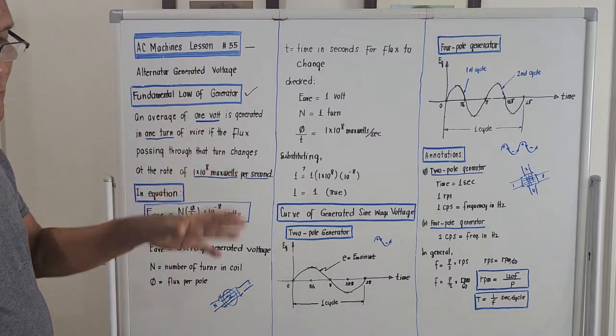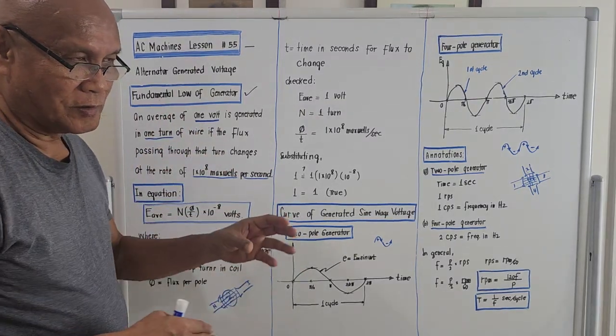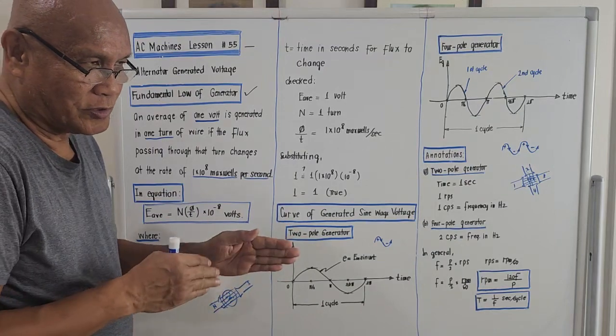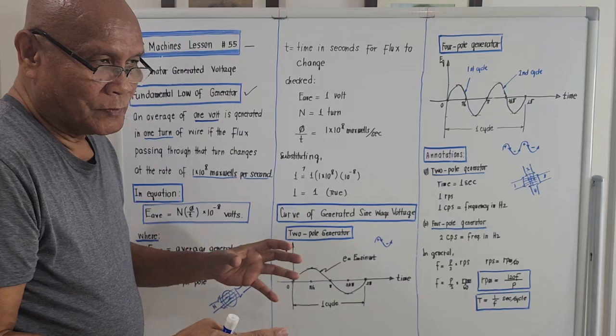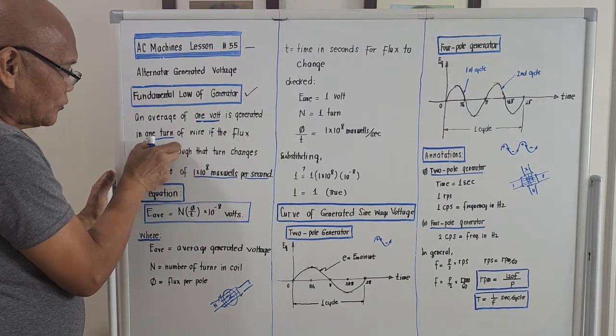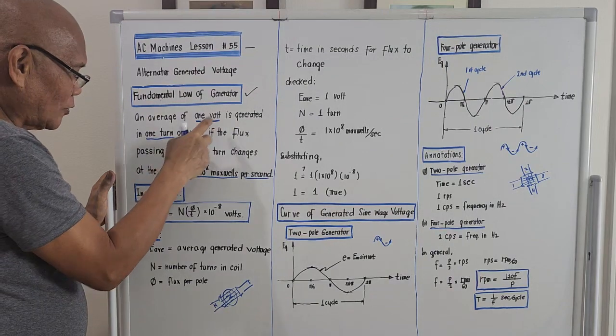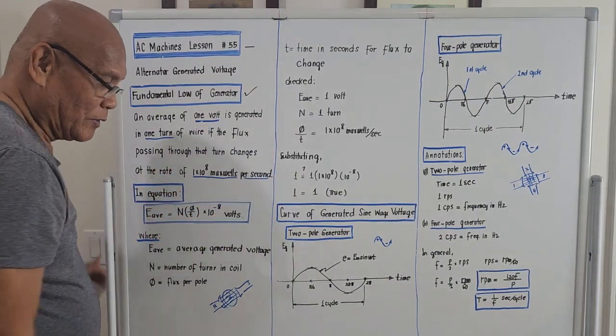I think this emanates from an experiment in which there is a conductor. They pass that conductor through a certain flux, and according to the experiment, an average of 1 volt is generated for one turn if the rate of flux is 1 times 10 to the 8 Maxwells per second.